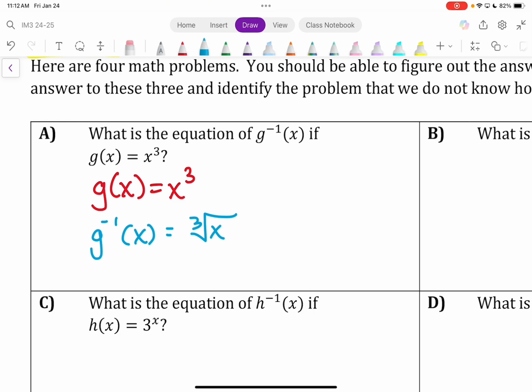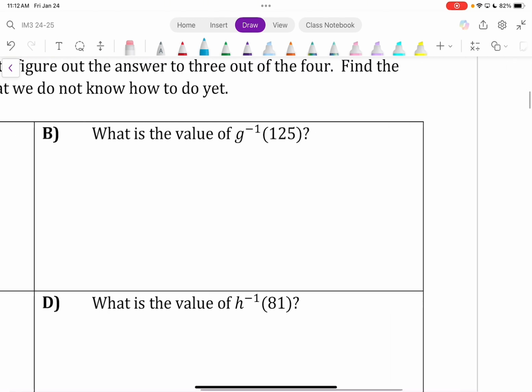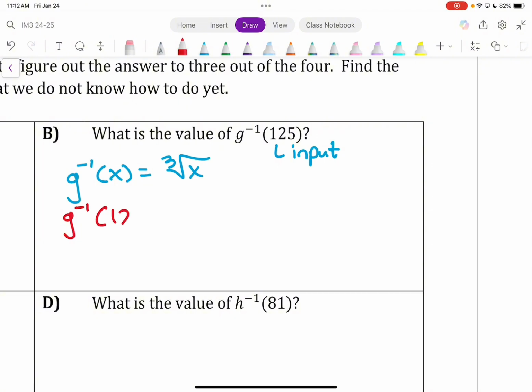So that's good. In part B, it is asking us to evaluate g inverse of 125. So this is an input of the inverse, just so you guys know. So if g inverse of x is equal to the cube root of x, then if I attempt to find g inverse of 125, that means I'm trying to find the cube root of 125.